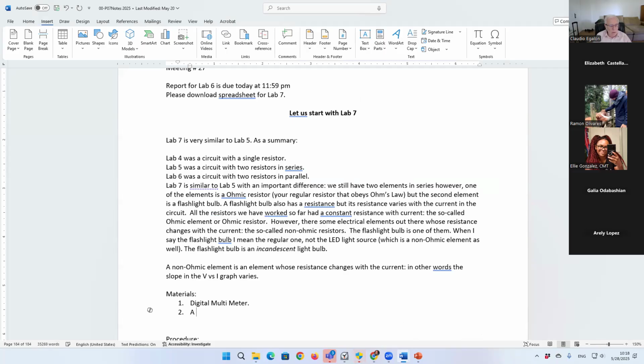You're going to need a resistor, I'm going to specify an ohmic resistor. And a flashlight bulb. A flashlight bulb is an incandescent light bulb.